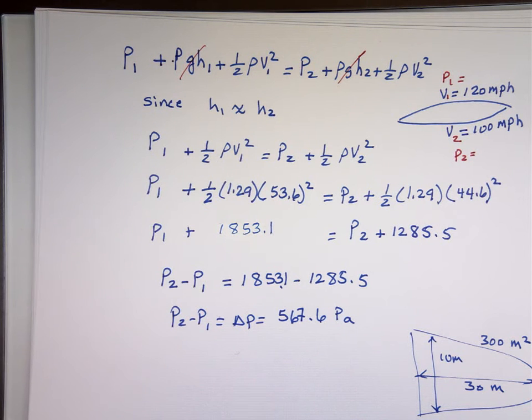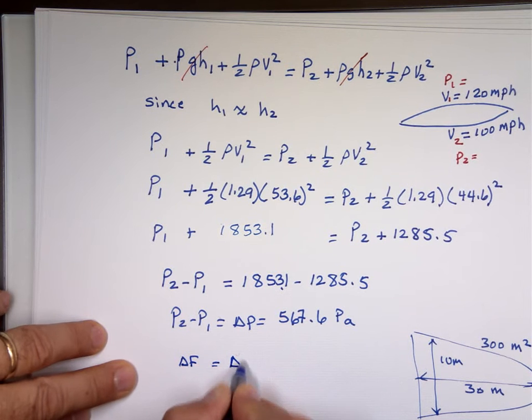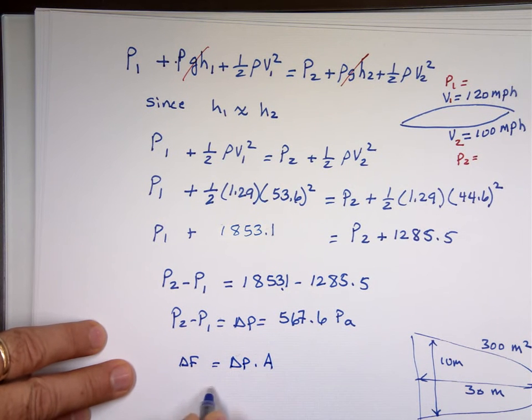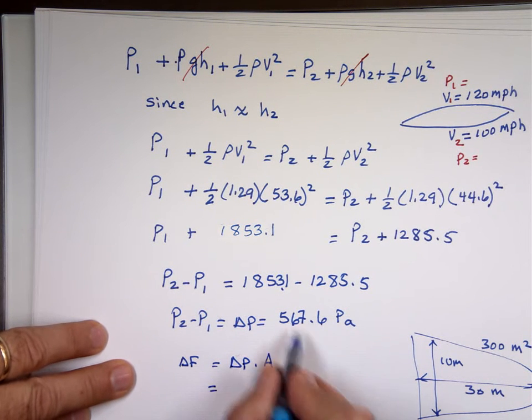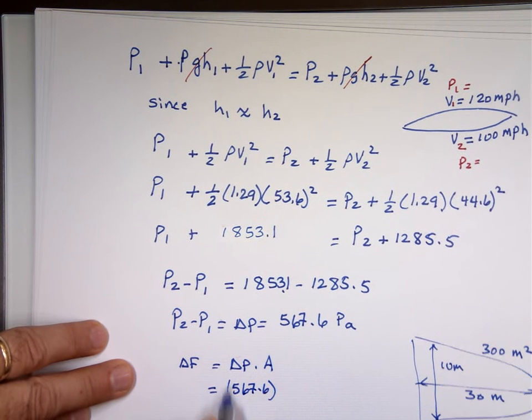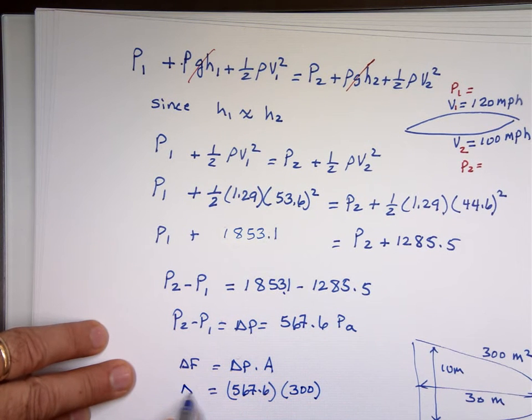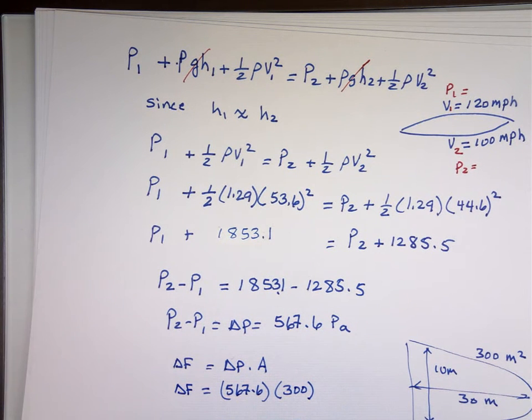So the change in force is the change in pressure times the area. The change in pressure is 567.6 times the area, which is 300, and that's the change in force on one wing, just one wing.